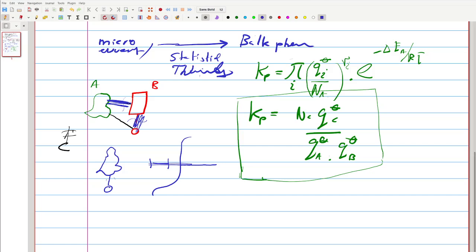Again, what I'll do is only consider that one bond breaks. Otherwise, it becomes a little hard to explain. Only one bond breaks. So from here to here, we assume that the only thing that changes is the vibration.